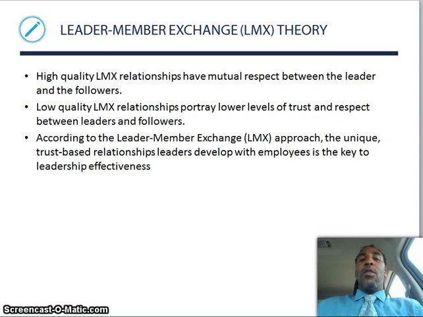So leader member exchange. If you see LMX later, leader member exchange theory, that's what LMX is. A high quality LMX relationship has mutual respect between the leader and the followers, right? So the leader respects the followers and the followers respect the leader. Low quality LMX relationships portray lower levels of trust and respect between the leaders and the followers. So sometimes those followers don't respect the leader, and sometimes the leader doesn't respect the followers.